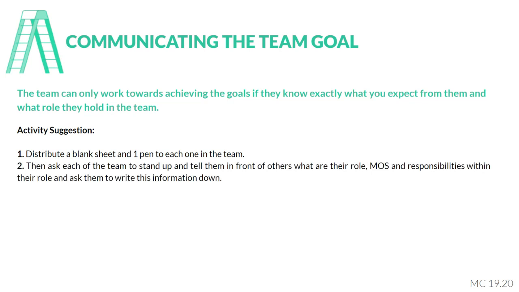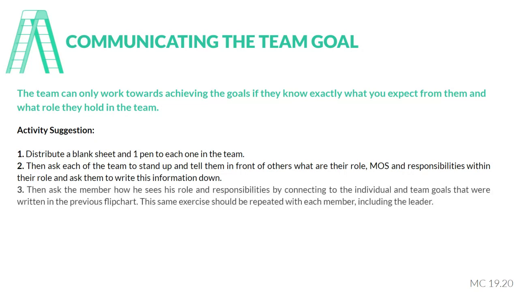Second, you're gonna ask each of them to stand up, and you're gonna tell them in front of all the others what their role, their MOS, measure of success, and responsibilities within their role are, and ask them to write this information down on the paper, okay? Once this is done, you're gonna ask the member how he sees his role and responsibilities by connecting to the individual and team goals that were written in the previous flip chart.